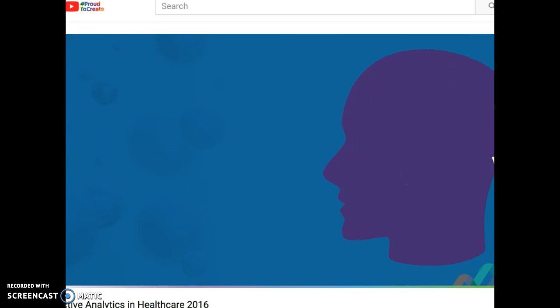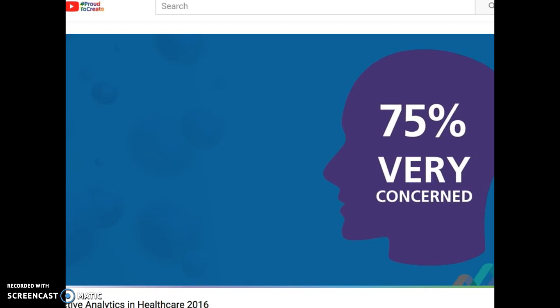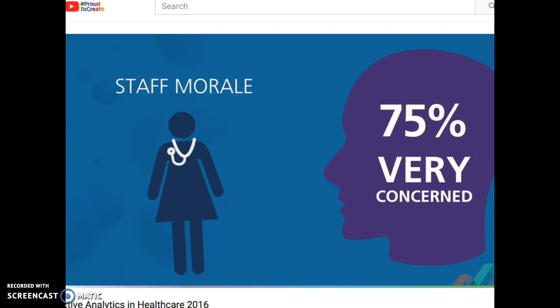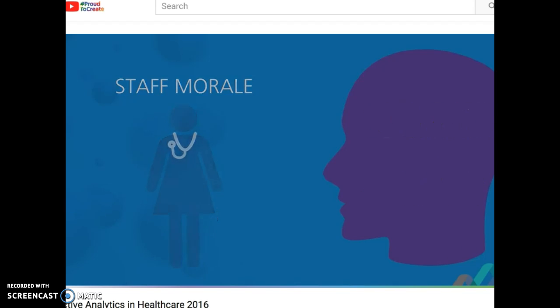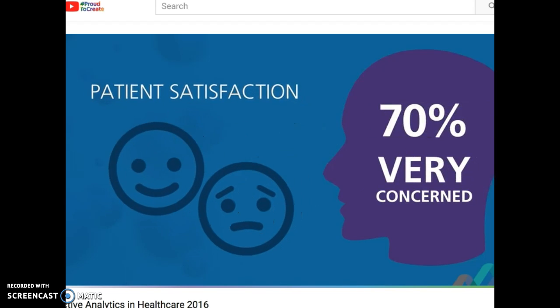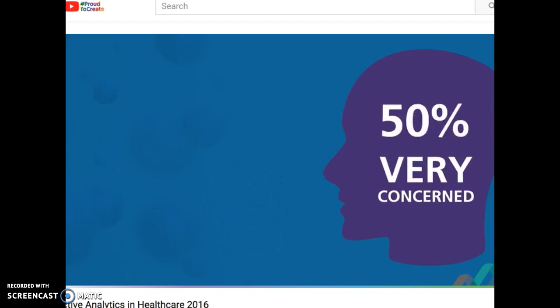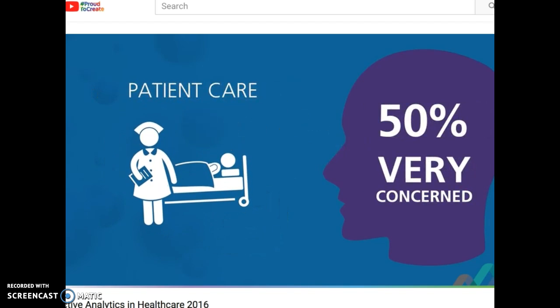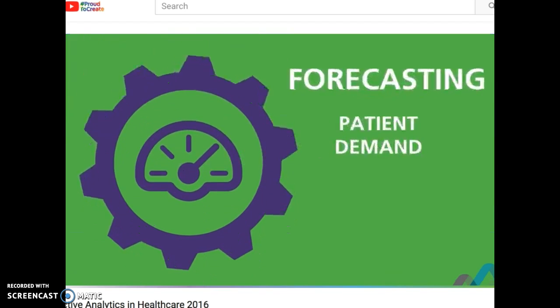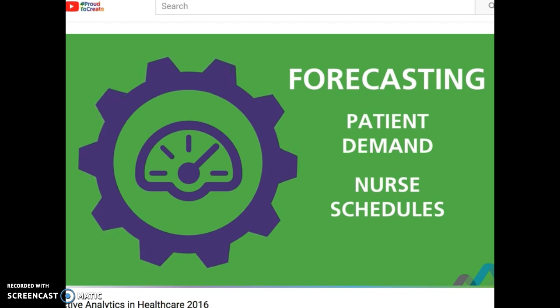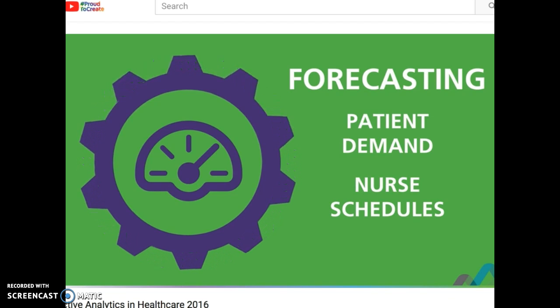The survey showed that approximately 3/4 of nurse managers say they are very concerned about staff morale due to these problems. Nearly 70% say they are very concerned about the impact on patient satisfaction. And more than half say they are very concerned about the effect on the quality of patient care. Predictive analytics can forecast patient demand and nurse scheduling and staffing needs months into the future.